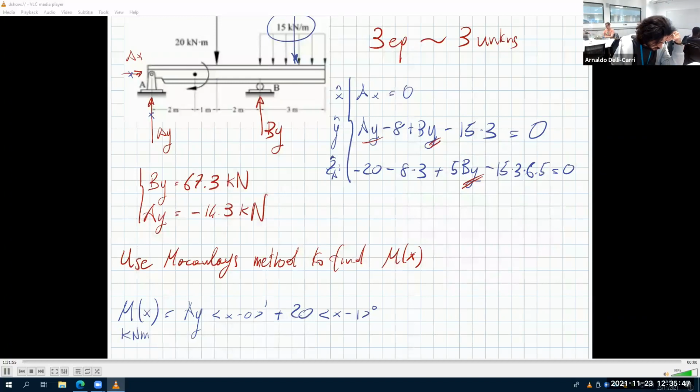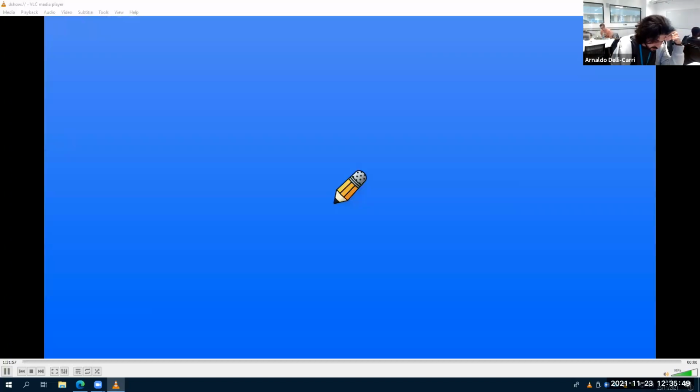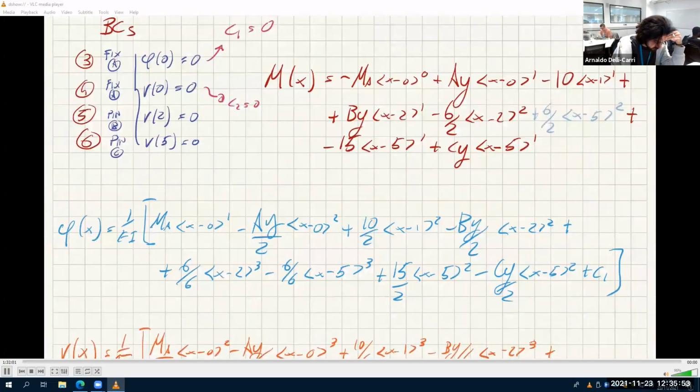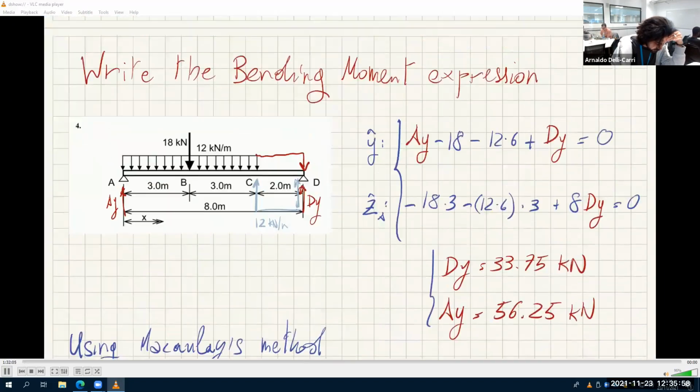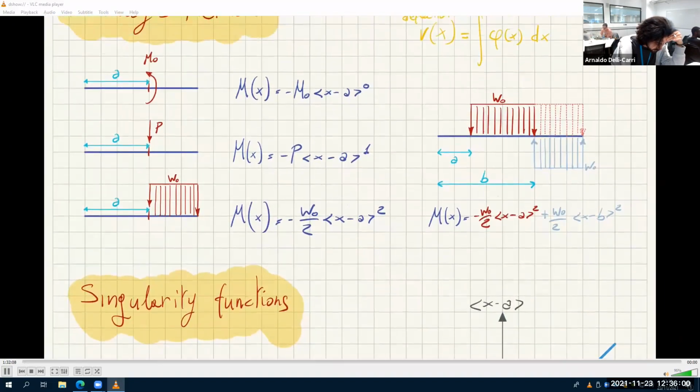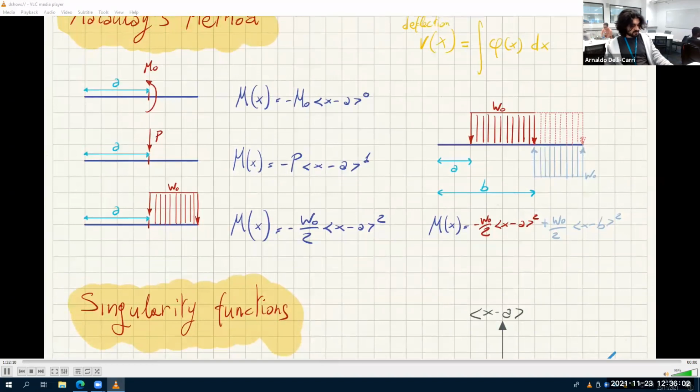Sorry, I think I screwed up. Macaulay's method was week 9. Macaulay's method table, there you go. Counterclockwise is negative.